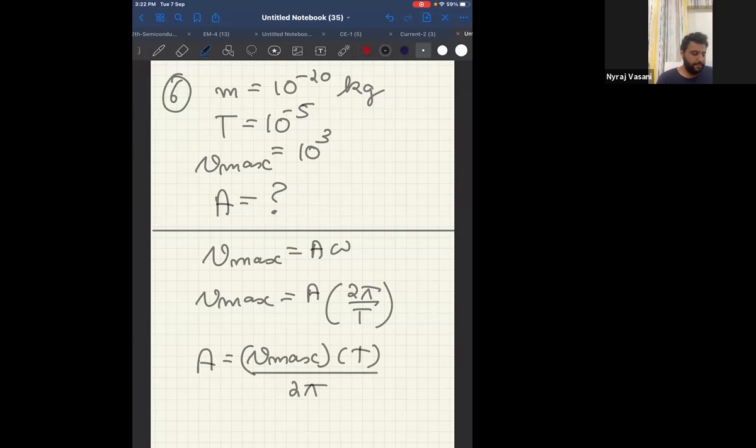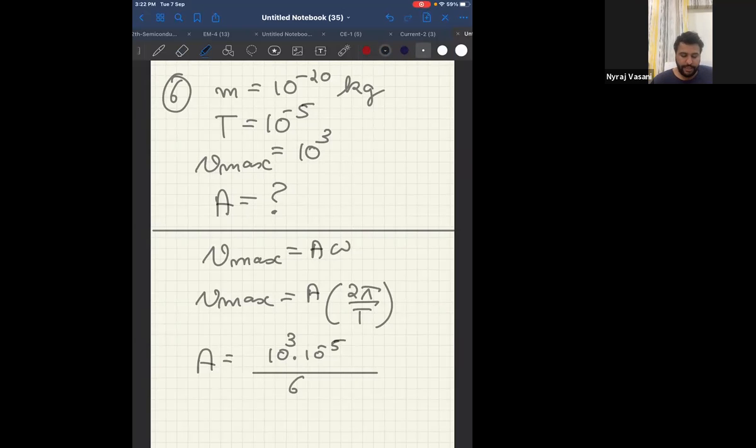Correct? Now, what is Vmax value? Can I say Vmax is 10 power 3? What is time value? 10 power minus 5, divided by 2 pi. 2 pi is almost close to 6 only, I'll take. Okay.